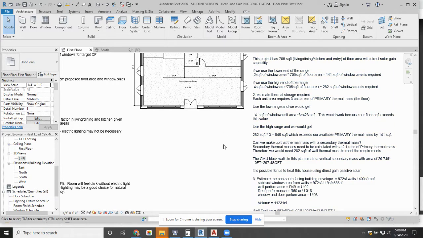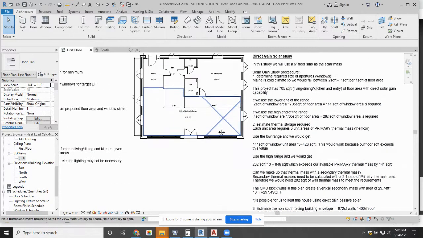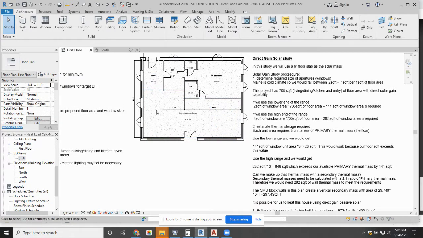So what does that mean? This is considered our primary mass, and a secondary mass can be a vertical partition wall like I've got here. But the secondary mass can't be counted as being equal to the primary mass. So I have to treat it with the correct ratio.